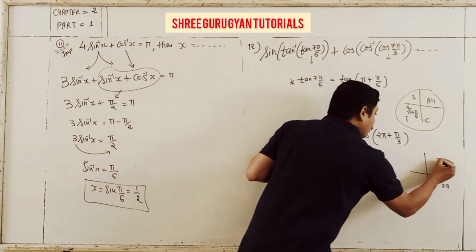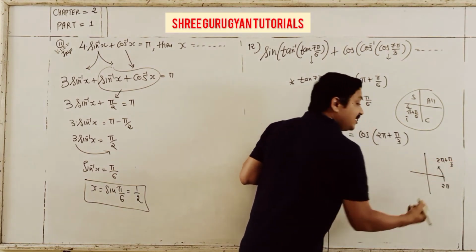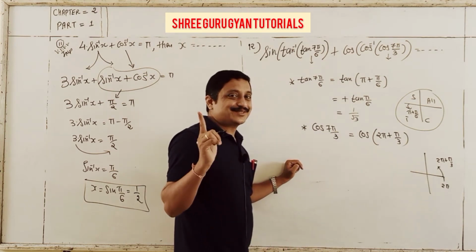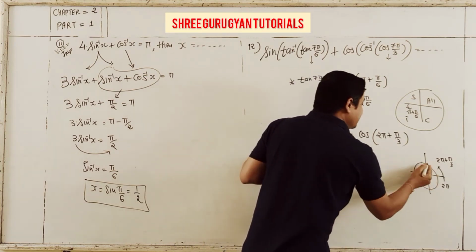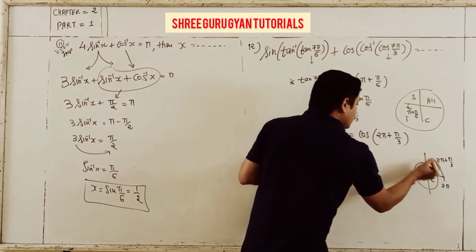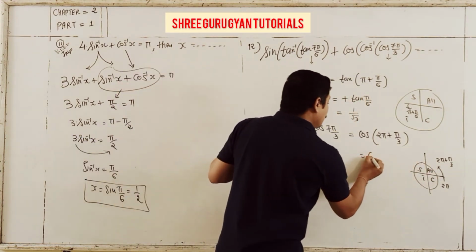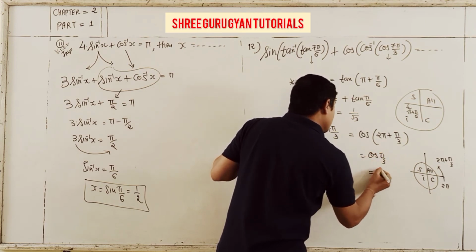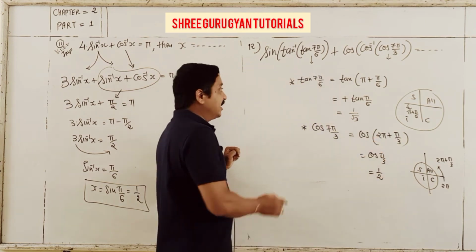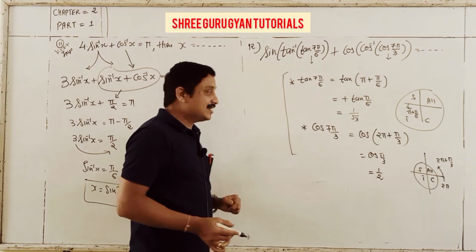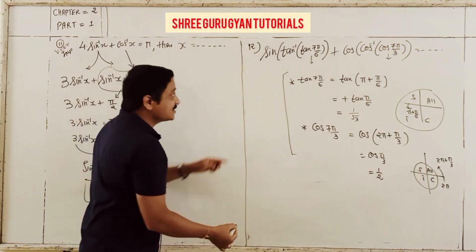Plus means anti-clockwise, so the angle goes to the first quadrant, all STC wise, and in the first quadrant the cos function is positive. Cos pi by 3, cos 60 is half, and now I put all these values in my sum.